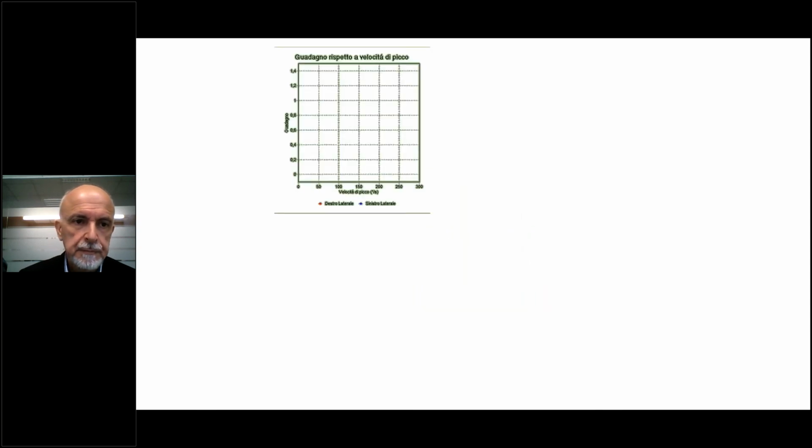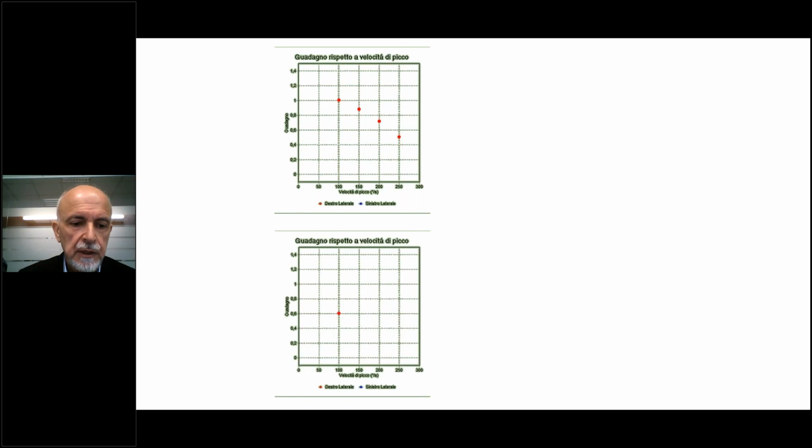Some examples. If I perform the test at higher velocity, I can get a gain about 1 also at the higher velocity, but the gain could be of this kind. It could decrease with the increase of the velocity. If I start with a low gain, I will see a decrease of the gain with velocity increase.